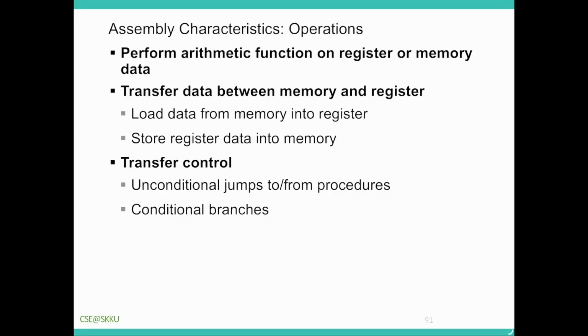For example, it can load data from memory into register or vice versa. It can perform things like transfer control, such as unconditional jumps to different places. It can also do conditional branches. These are the operations where each performs one small task at a time.